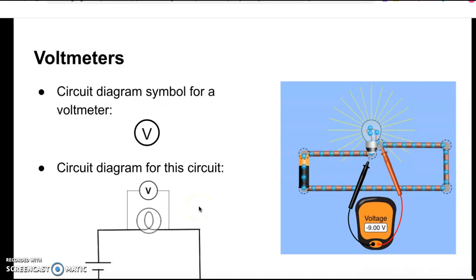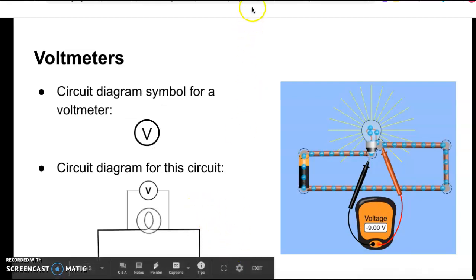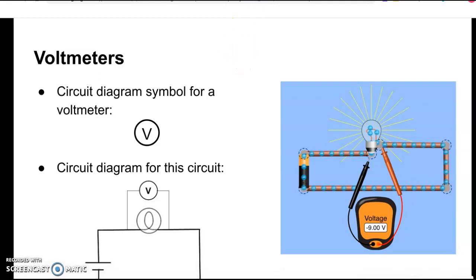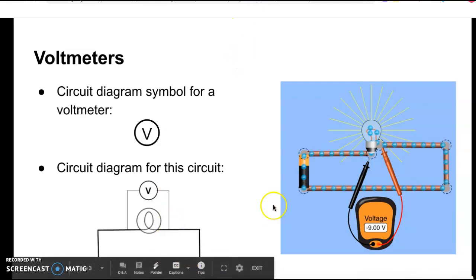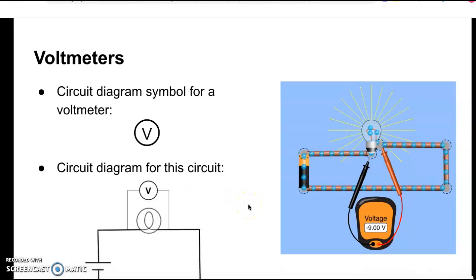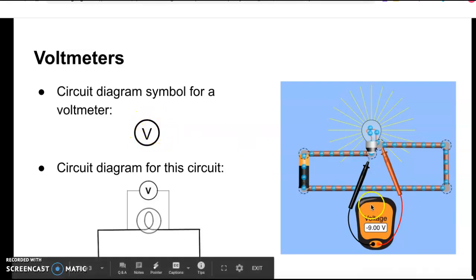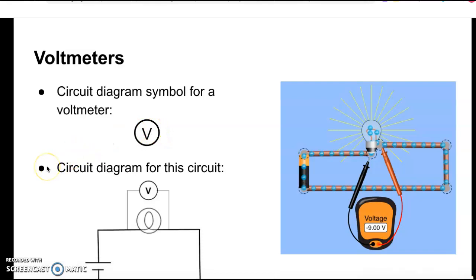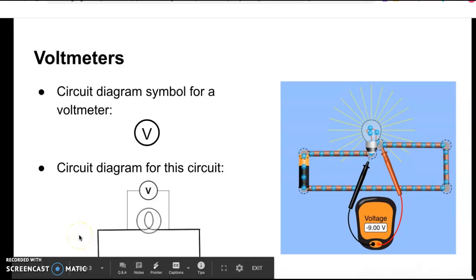Now on a circuit diagram, the bottom of the diagram got cut off a little bit. I apologize for that. But on a circuit diagram, the symbol for a voltmeter is simply a V inside of a circle. So that symbol replaces this whole device here, the voltmeter. And in my circuit diagram, you see the battery.